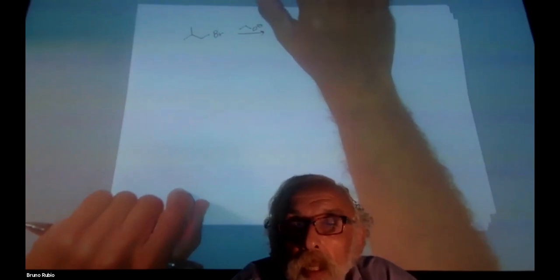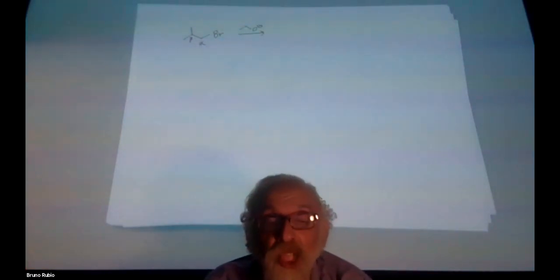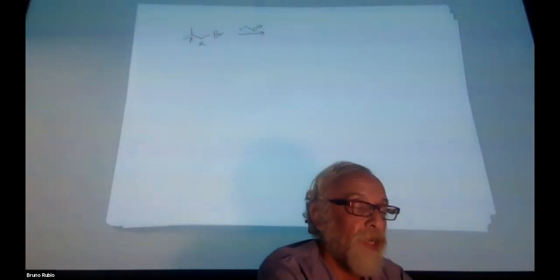All right. So here's the alpha carbon. There's the beta carbon. This has beta branching. So let's go back to our little flow chart.